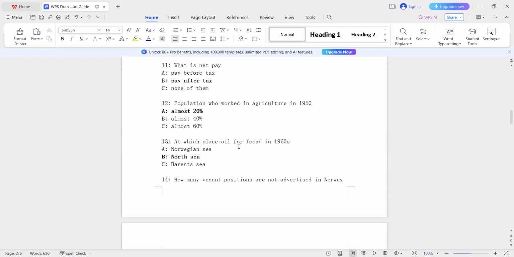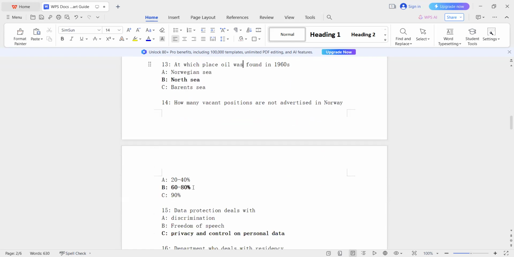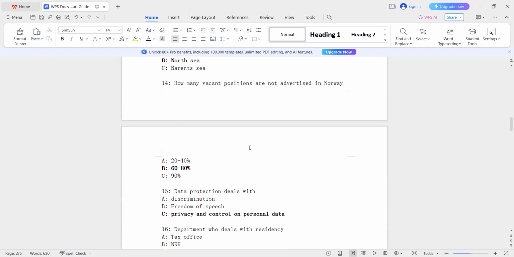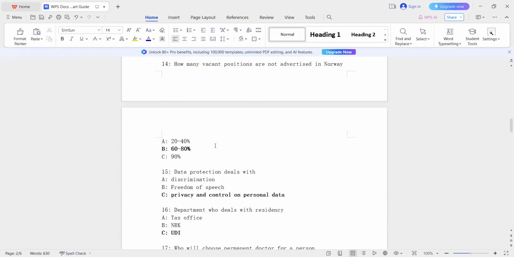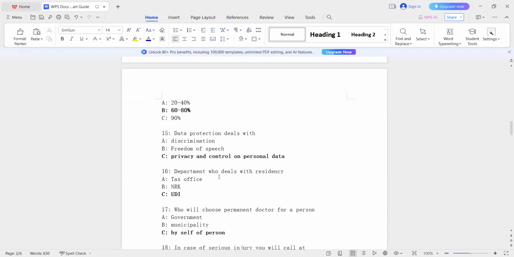At which place was oil found in 1960? North Sea. How many vacant positions are not advertised in Norway? 60 to 80%. So in Norway, a job reference is very important to get a job. Data protection deals with privacy and control of personal data.